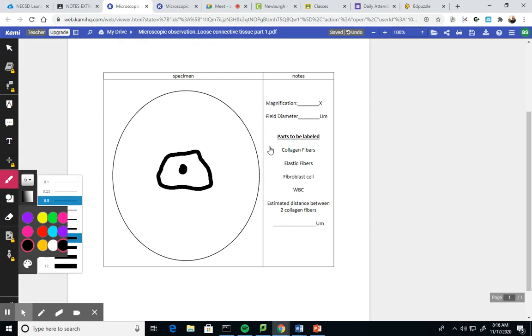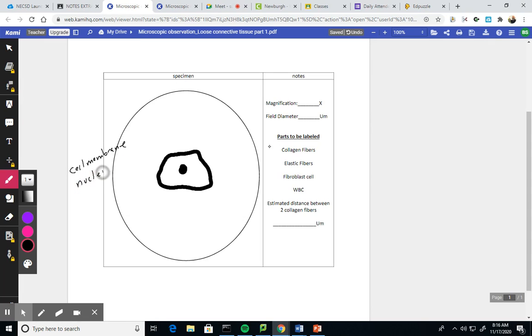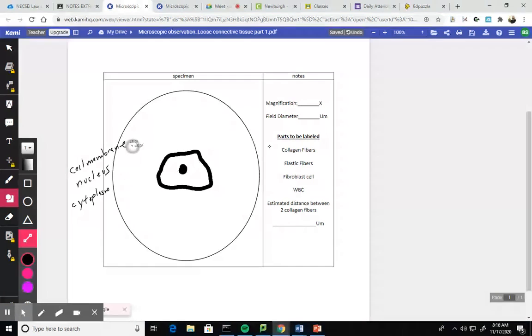It's probably going to say something like cell membrane, nucleus, cytoplasm. Again, you would still use your lines function to label from the words that I give you to those structures like that.